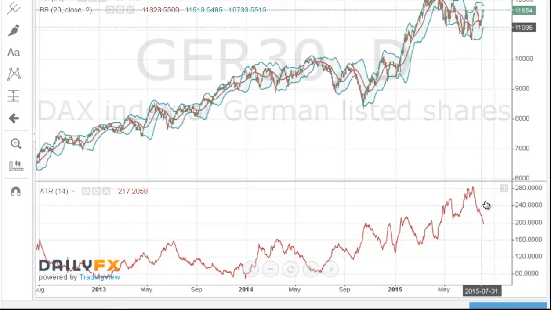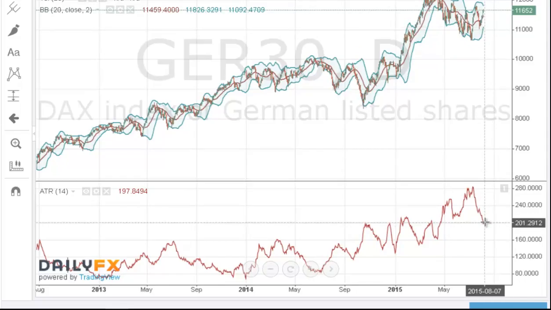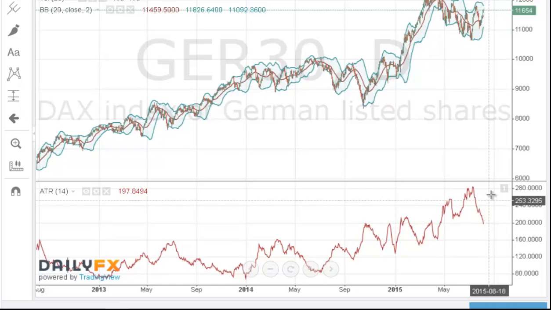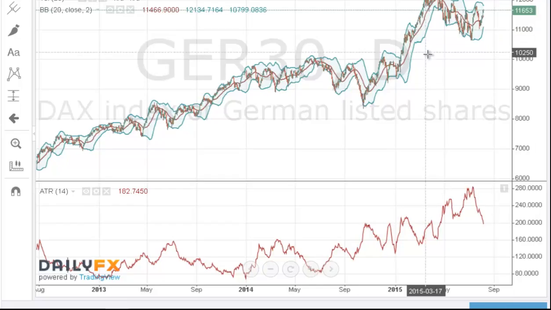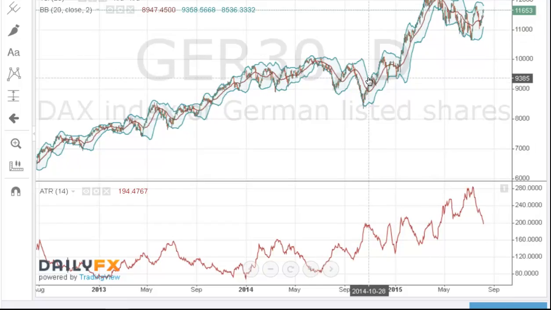The average true range is suggesting that this might change direction, and that tends to equate to a change in direction in the DAX as well. That's a potential theory, but as I said, I'm not particularly convinced by that.